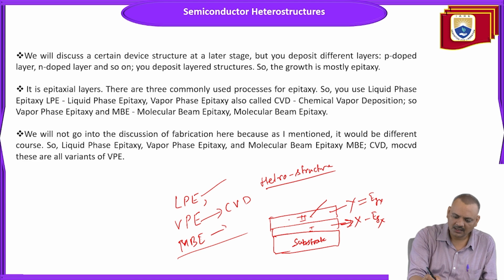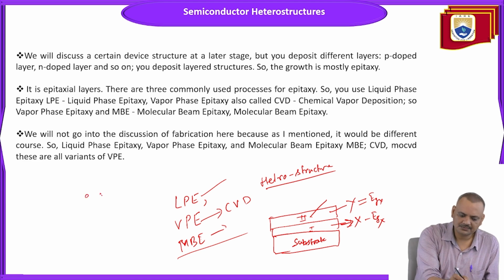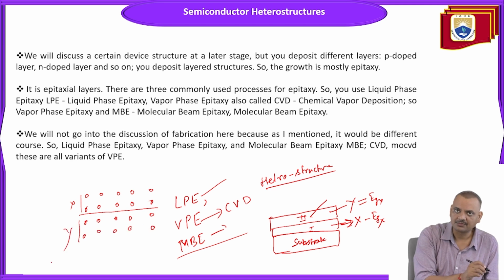Now, let's suppose these are the atoms involved in X material, and these are the atoms involved in Y material. Let's suppose this is the X atom, and let's suppose this is the Y atom.